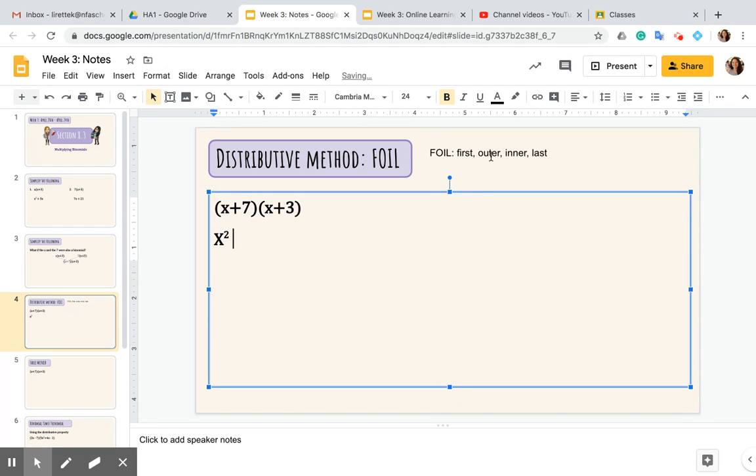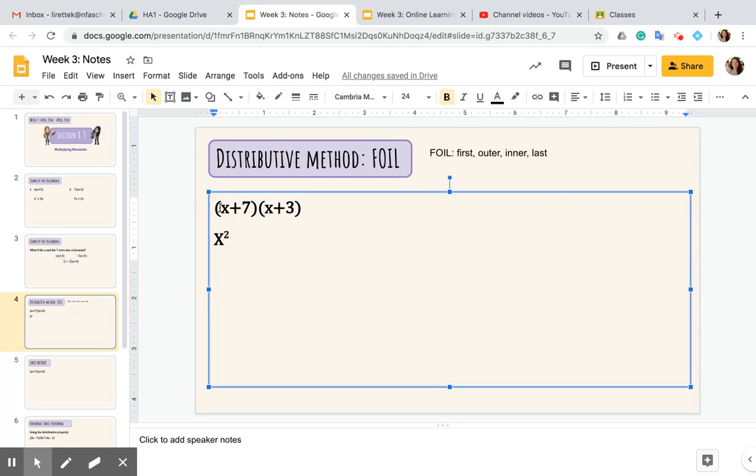Then it's saying take the outermost terms, being the terms that are farthest away from each other on the outermost parts of the parentheses. Well, for the first binomial, it's going to be this one. And for the second binomial, it's going to be this one. They're on the outermost parts of the problem.